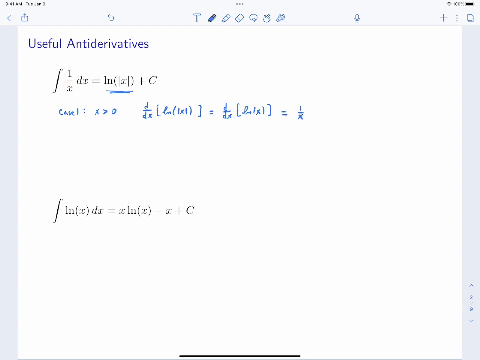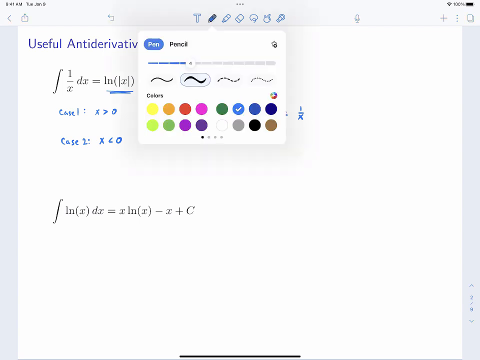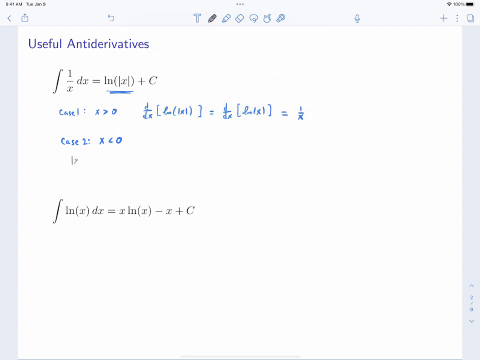Now let's look at case 2. So case 2, that's where x is negative. Now in this case, the absolute value of x is going to be the opposite of x. We know this because x is assumed to be negative. The absolute value of x must be positive, so it has to be the opposite sign to whatever x is.